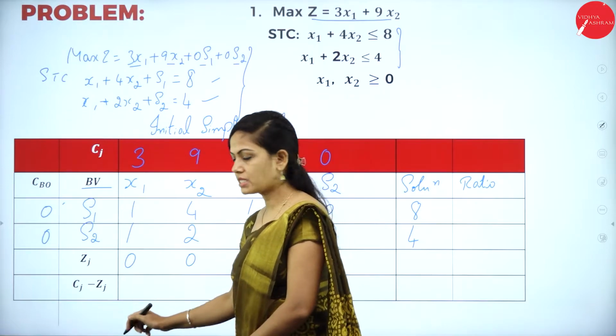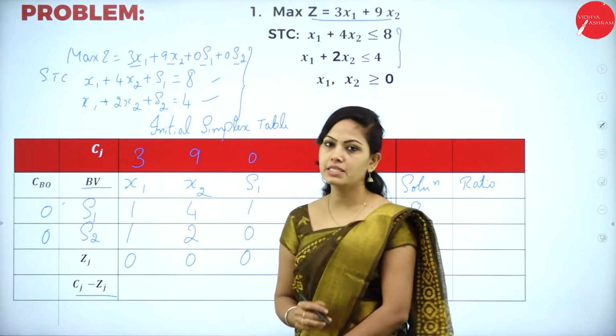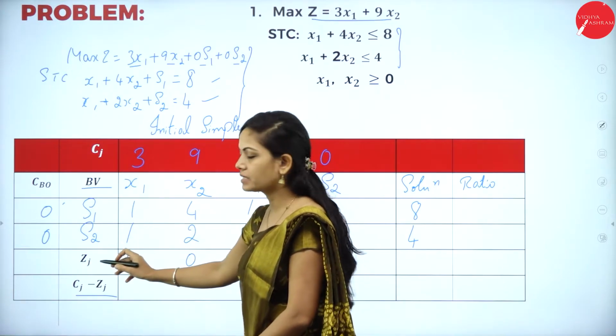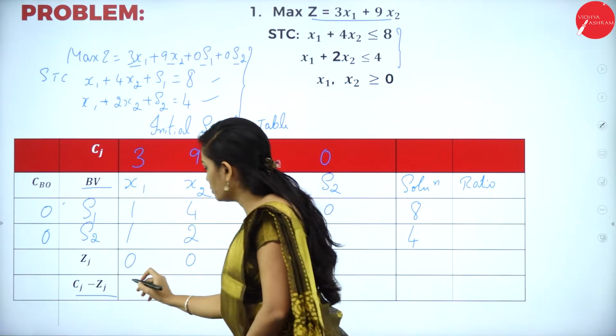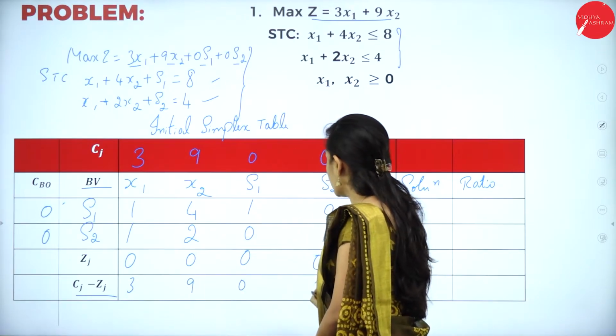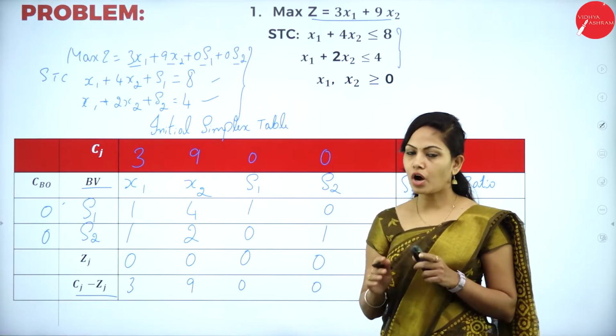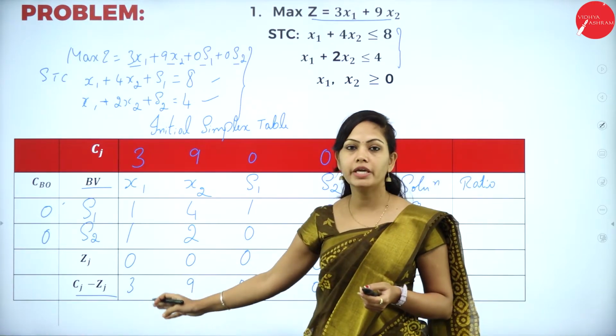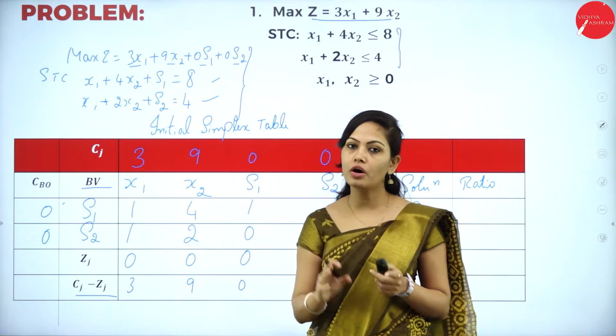And next we have to find Cj minus Zj. 3 minus 0, 3. 9 minus 0, 0 minus 0, 0 minus 0. So after this, we have to check whether these values satisfy the optimality condition or not.